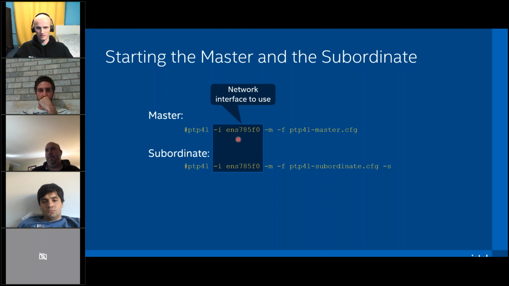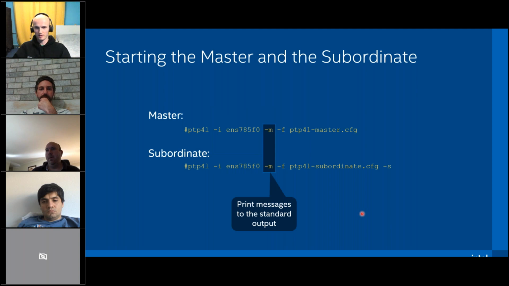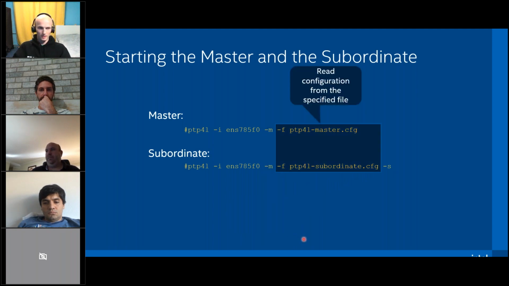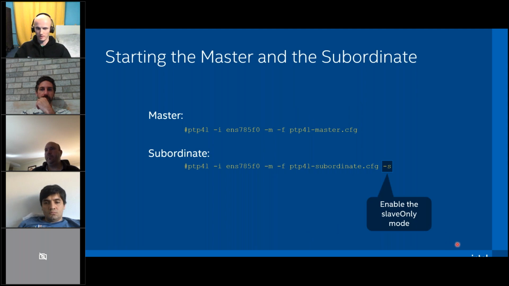The -i parameter gives us the network interface to use, so this will specify the port that it's running on. -m will print the messages to the standard output, when we want to print the messages to the console instead of the dmesg. -f will read the config file specified as a parameter, and -s will enable the slave-only mode. On the subordinate system, we will want to specify that if we don't want the system to become a master.